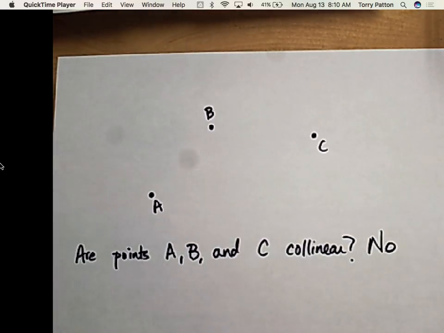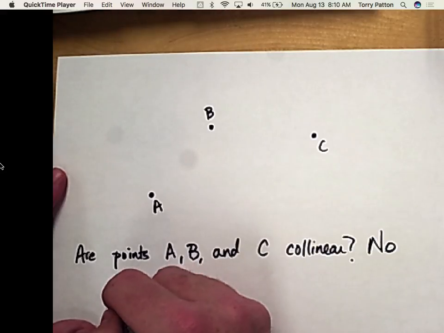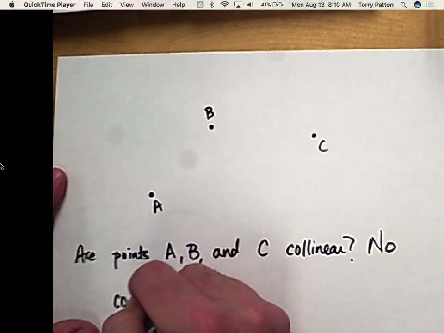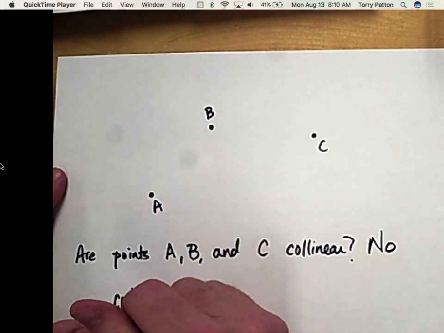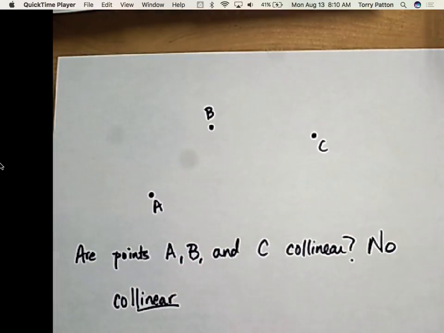Well, let's determine what collinear means. Well, what does linear mean? If a graph is linear, what is it? What does linear look like? What does that word look like? Or what word is part of it?